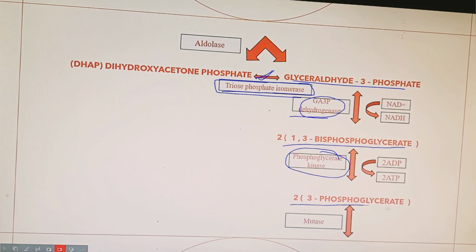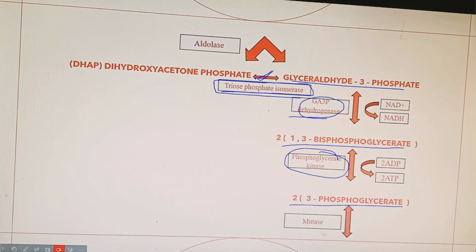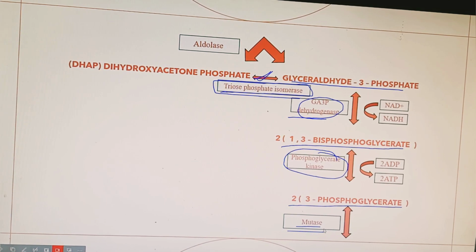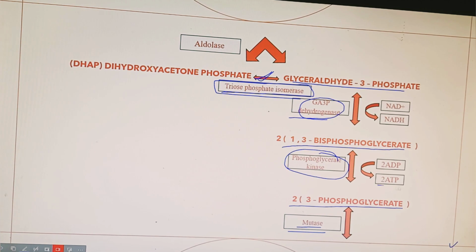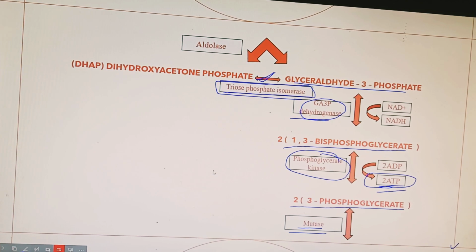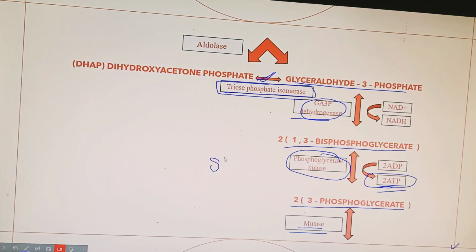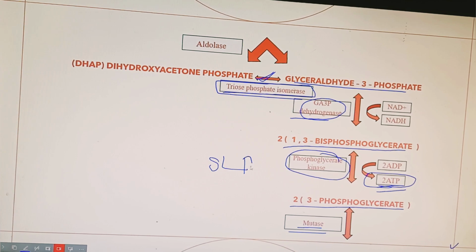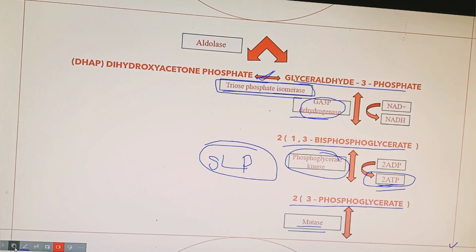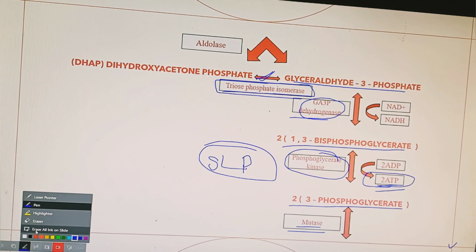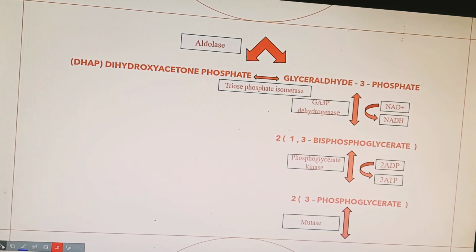The 1,3 bisphosphoglycerate gets converted into 3 phosphoglycerate by the enzyme phosphoglycerate kinase, and in this particular reaction there is substrate level phosphorylation occurring, that is direct formation of ATP, and here 2 molecules of ATP are formed because 2 molecules of 1,3 bisphosphoglycerate are converting into 2 molecules of 3 phosphoglycerate.